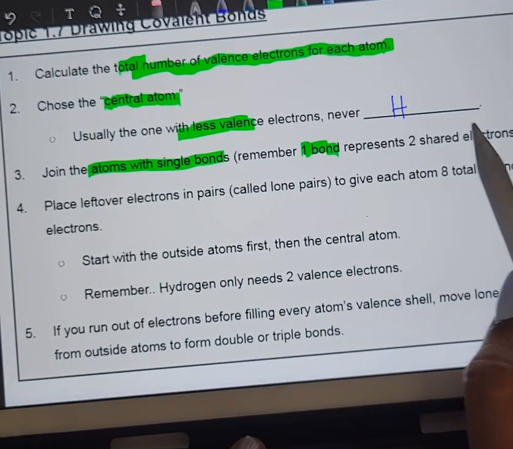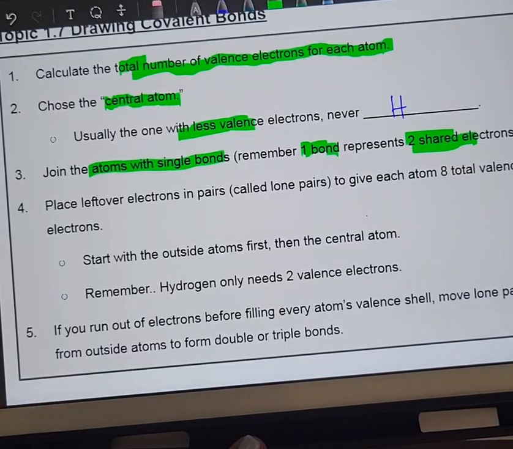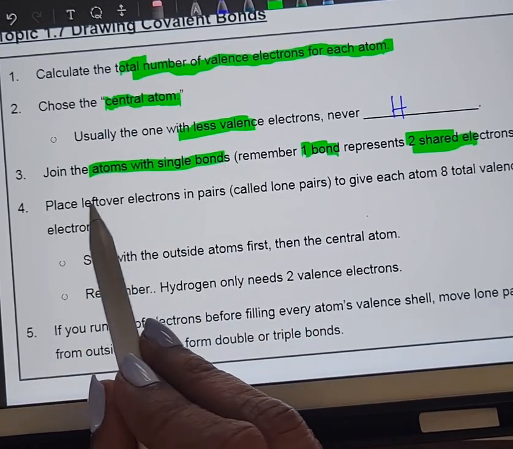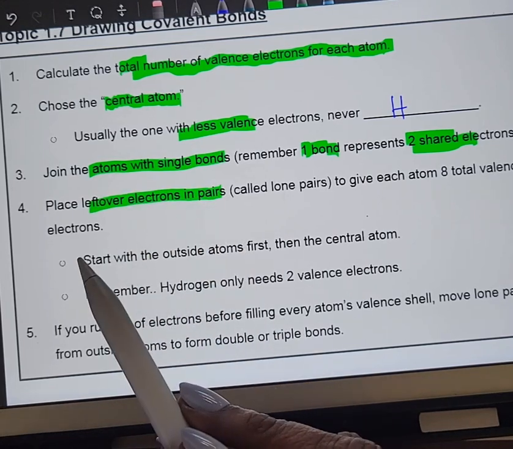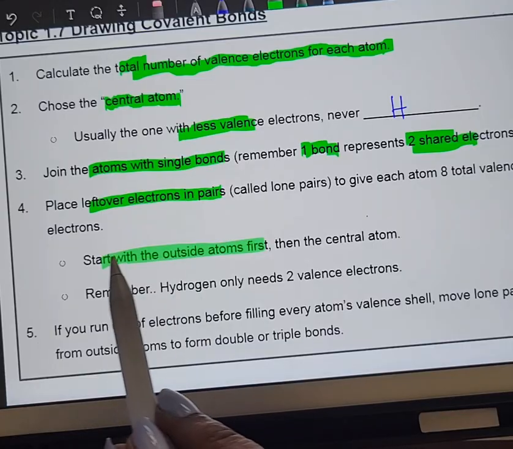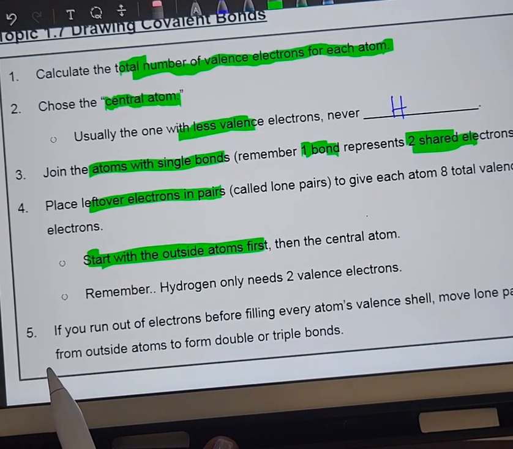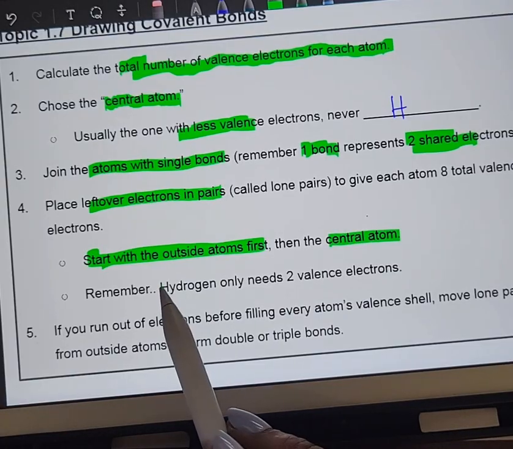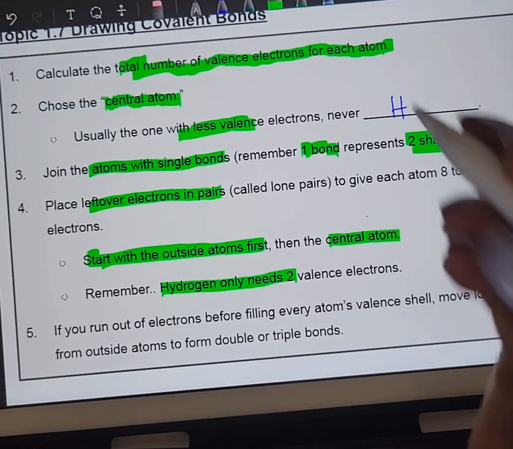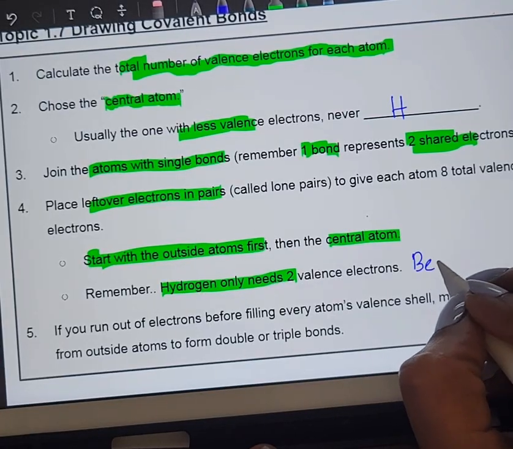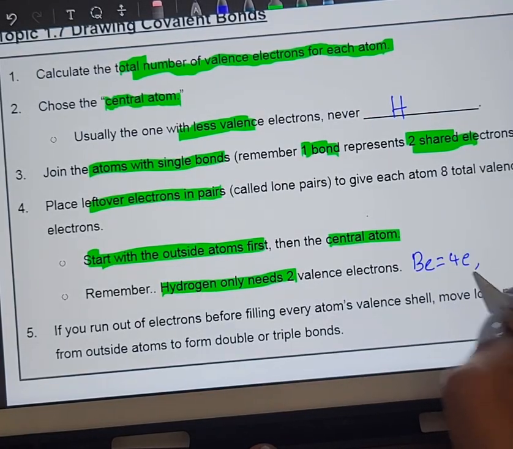Remember, one bond means how many electrons? 2 electrons. Then once you're done, place the leftover electrons in pairs on the surrounding atoms first. Start with the outside atoms, which are called surrounding atoms. Then fill the central atom. Remember the exceptions: hydrogen needs only 2, and there are 2 other exceptions you need to worry about, which are beryllium, which needs only 4 electrons, and boron, 6.